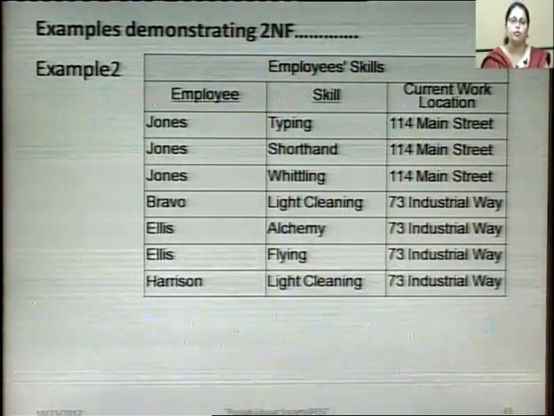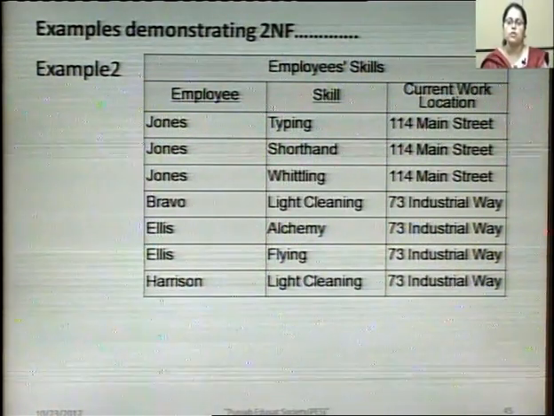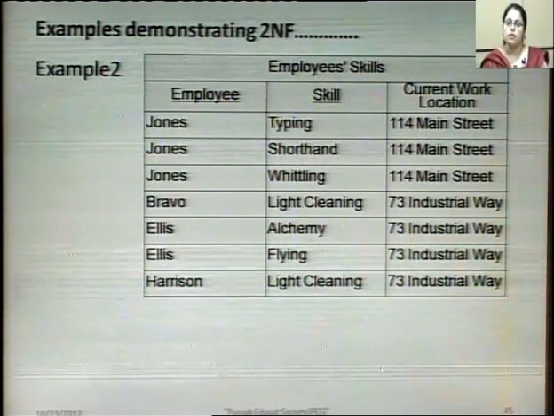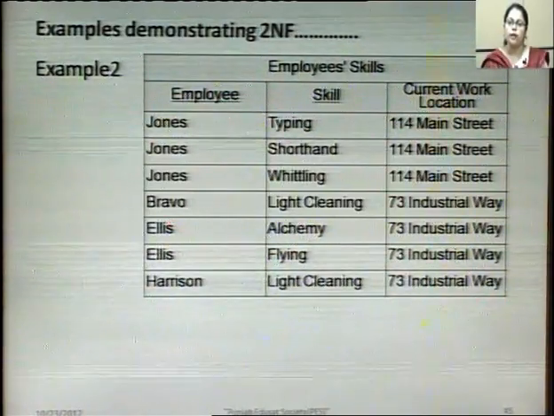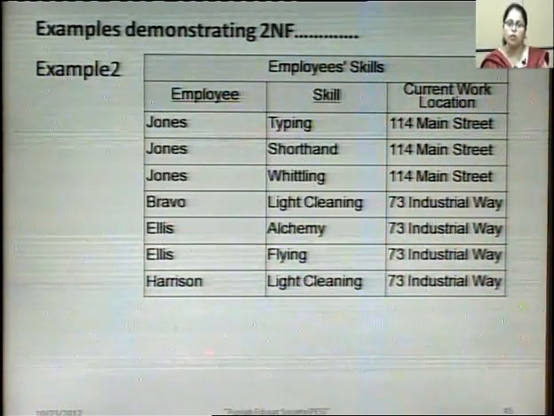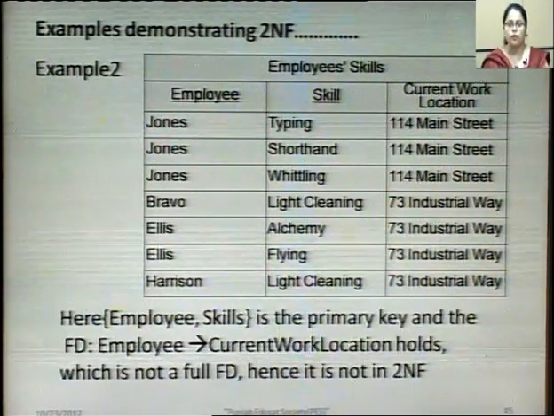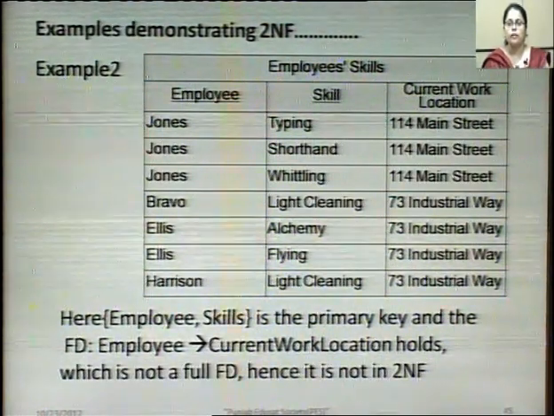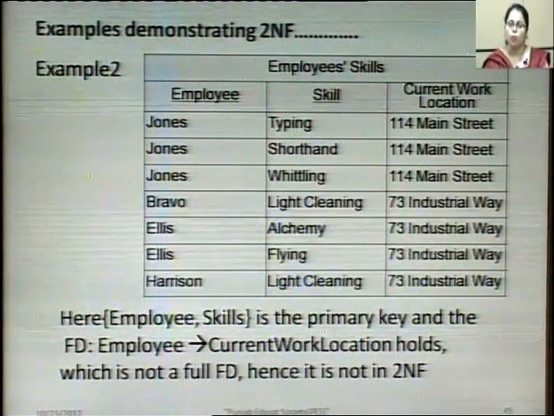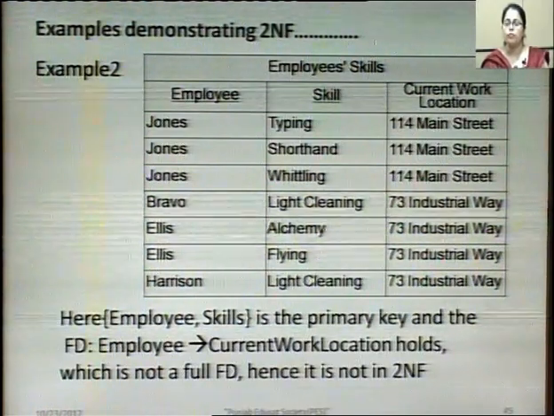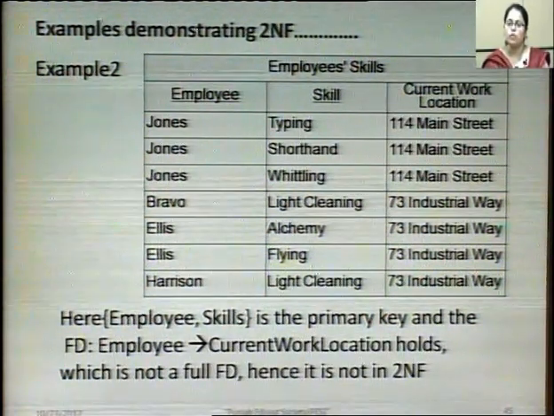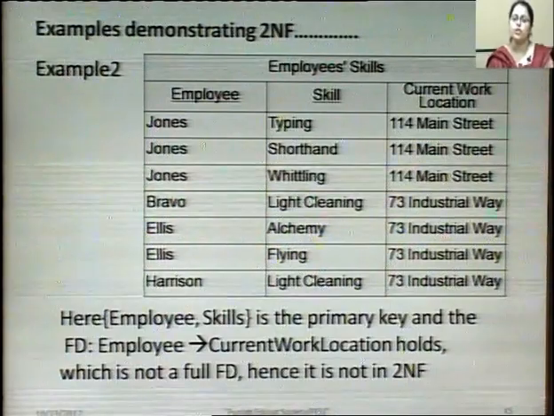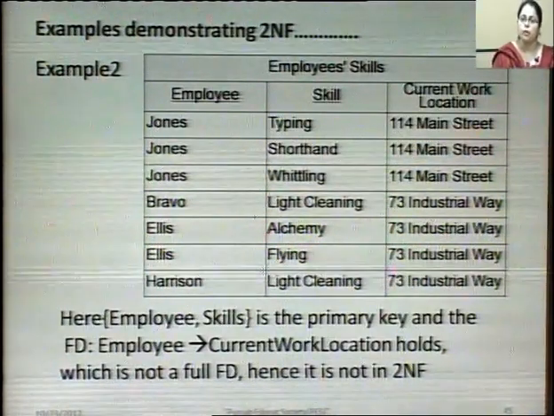Another example of second normalization is employees skills. Here employee and skill together represent the primary key for the relation, and the functional dependency employee determining the value of current work location holds, which is not a full functional dependency.